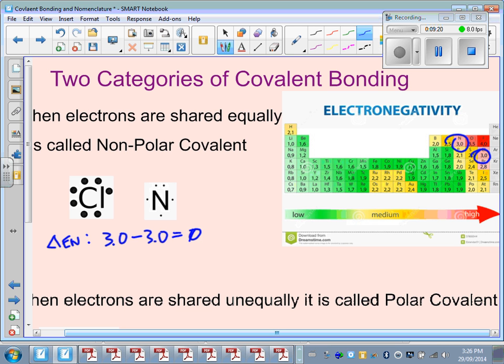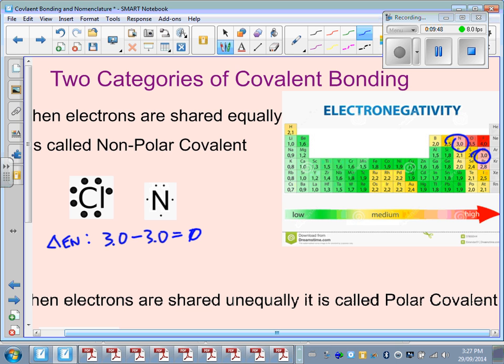What that means is that the nitrogen and the chlorine both want an extra electron around the same amount. So it is shared because it's a covalent bond. It is not transferred; they are both nonmetals. The question is, how is it shared? Is it shared equally or unequally? To figure that out, we have to look at the electronegativities.